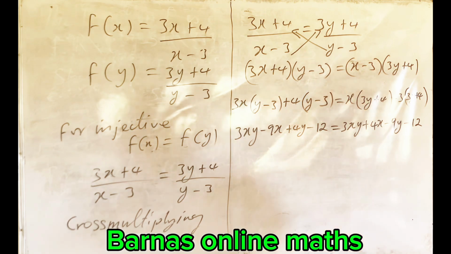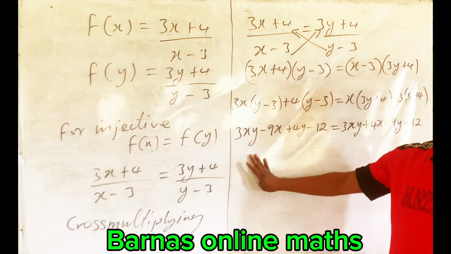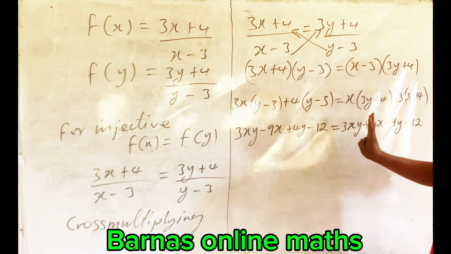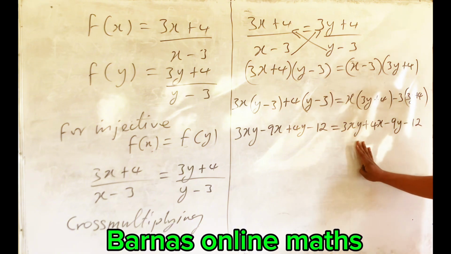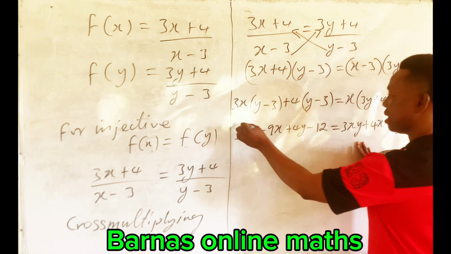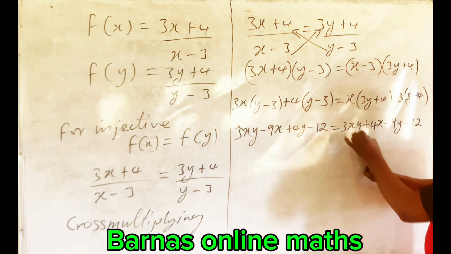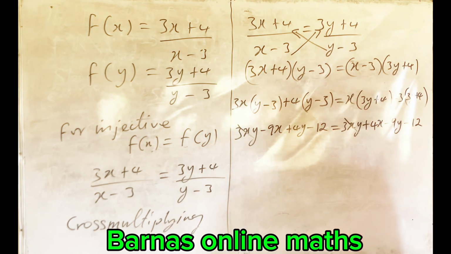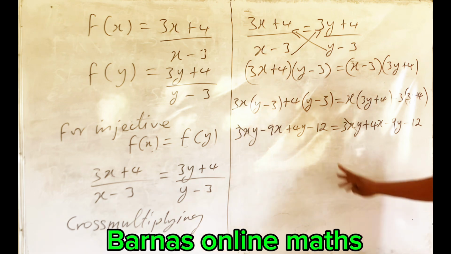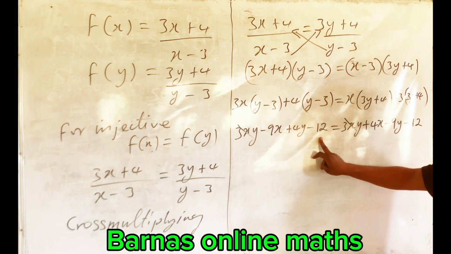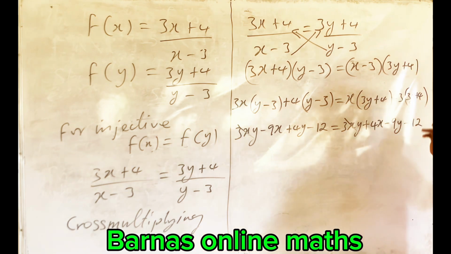Now let's see if there are things to tackle. You found out that 3xy in the left hand side will cancel 3xy in the right hand side. Now we found out that also minus 12 in the left hand side will also cancel minus 12 in the right hand side.